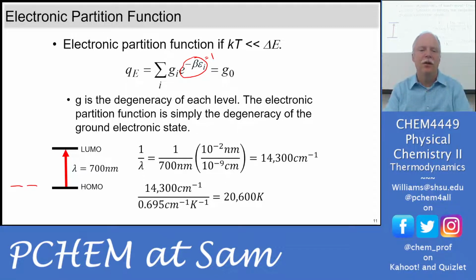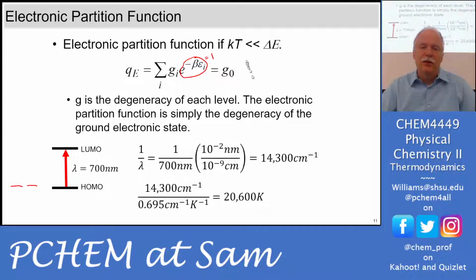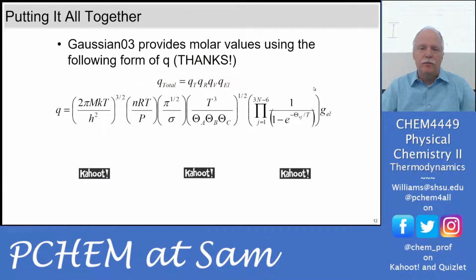And if there's a way to make your electron configuration where they truly are equivalent in terms of spin-orbit coupling, then you're going to have a doubly degenerate ground state. In maybe a spherical system, something like methane, you might even have a triply degenerate electronic state. Okay, so that electronic partition function is just going to be whatever the degeneracy of that ground state is.